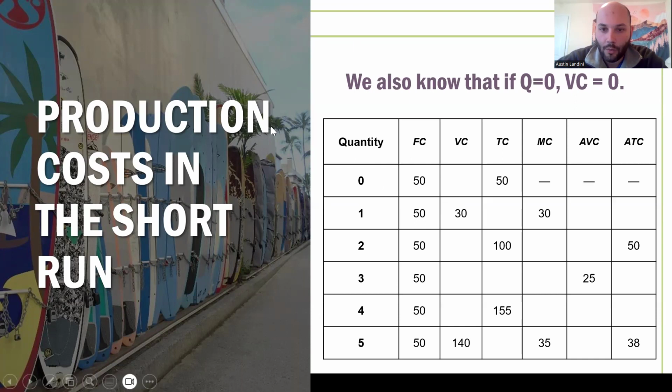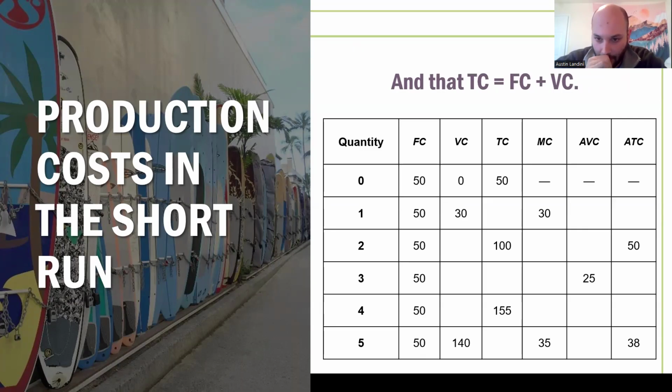All right, so we also know that if we produce 0 units, we have to pay our fixed cost, but if we're not producing anything, then we don't have to, say, get any seeds to plant or hire any workers or so on. So our variable cost would be 0. We can fill that in. We also know that our total cost is equal to fixed plus variable cost.